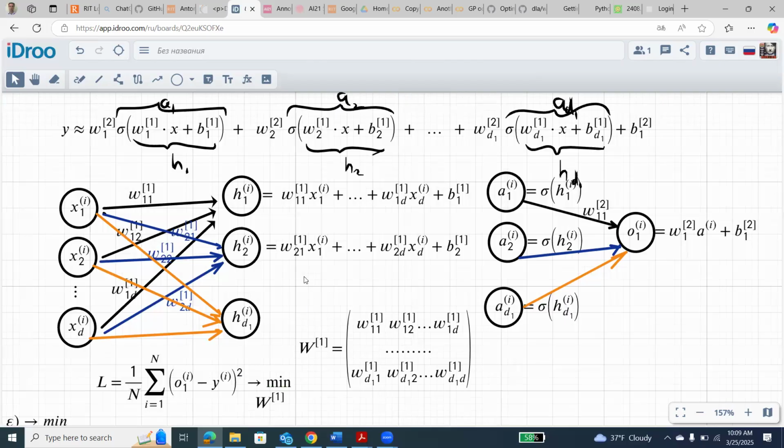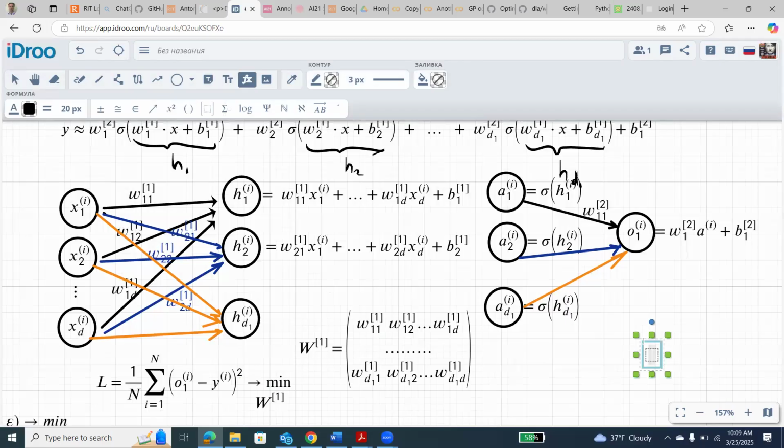Then we have a vector of biases. So if we denote by B1 a vector of numbers B1 and so on, BD1.